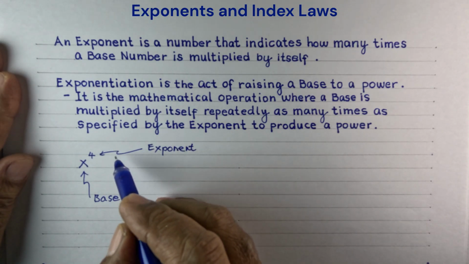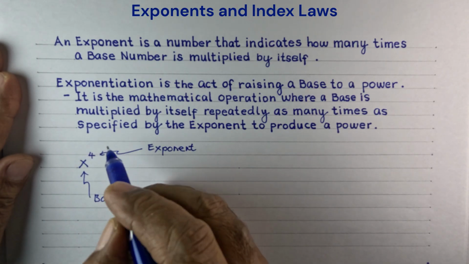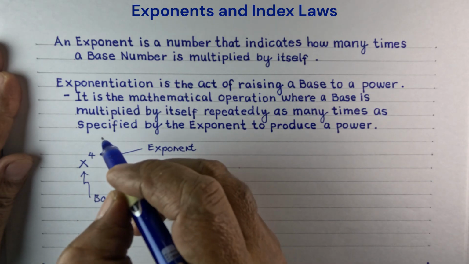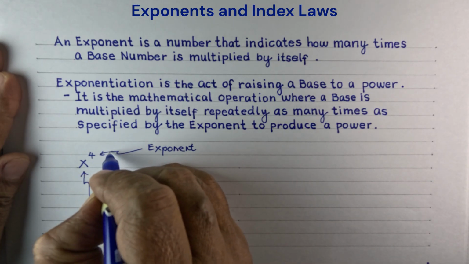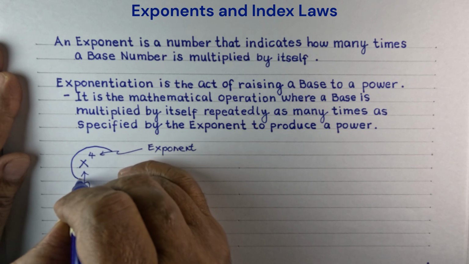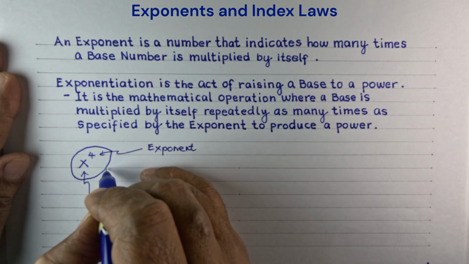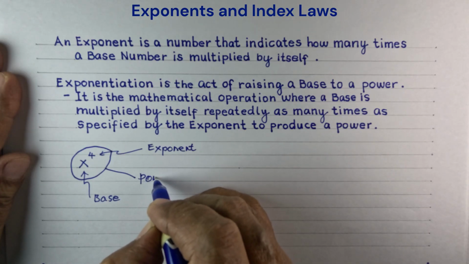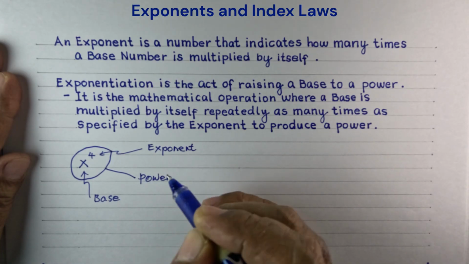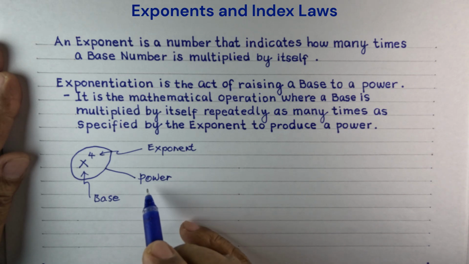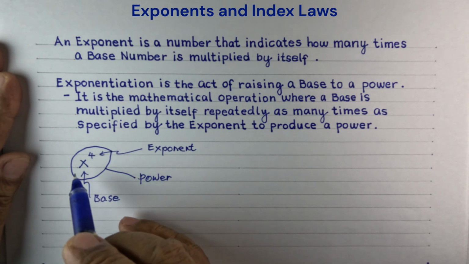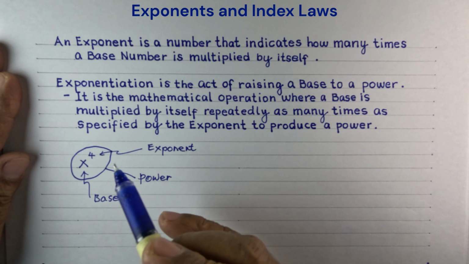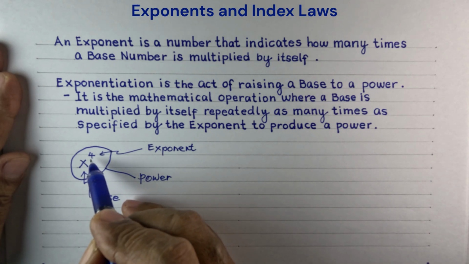Now, the whole expression, x to the fourth, is what we call a power. Now, a power has two components, a base, x, and an exponent, 4.